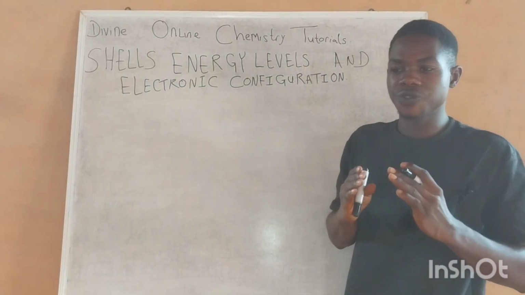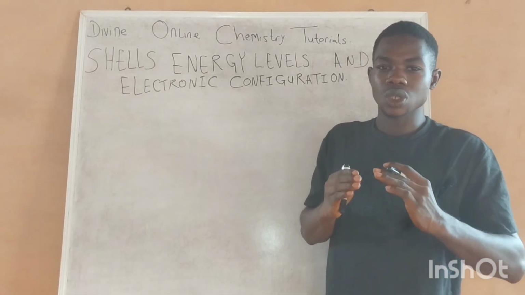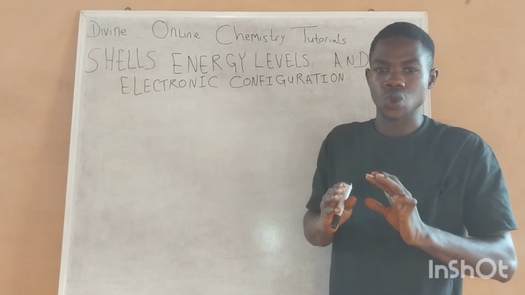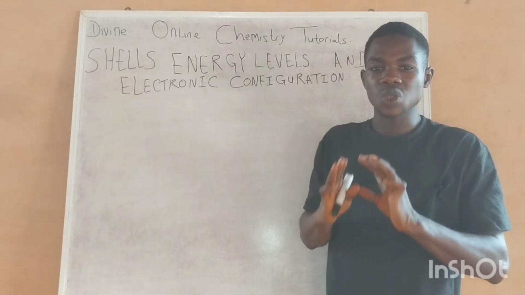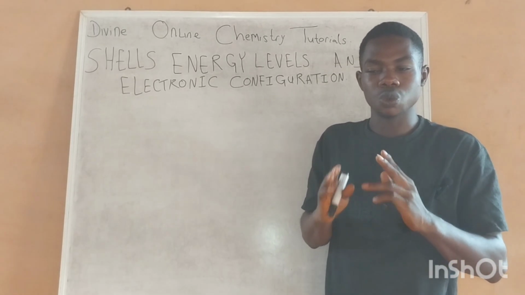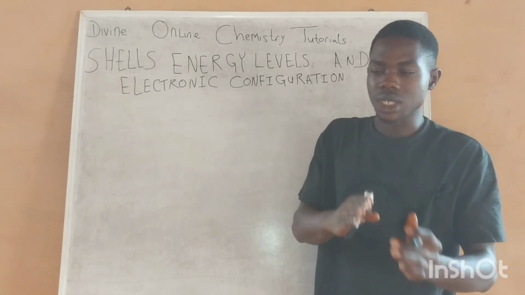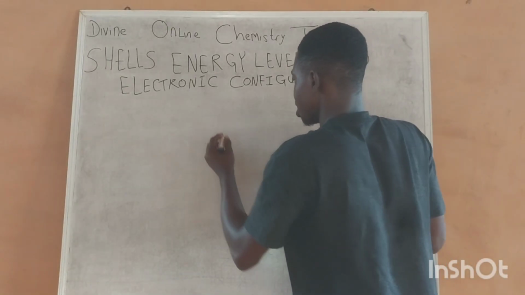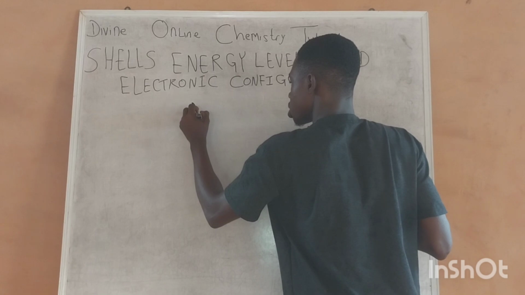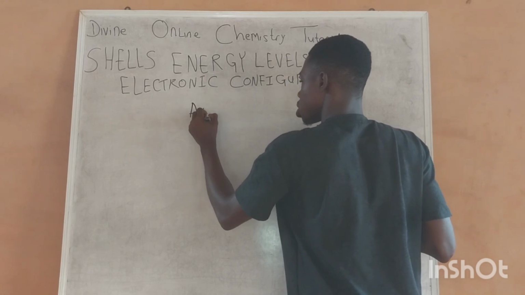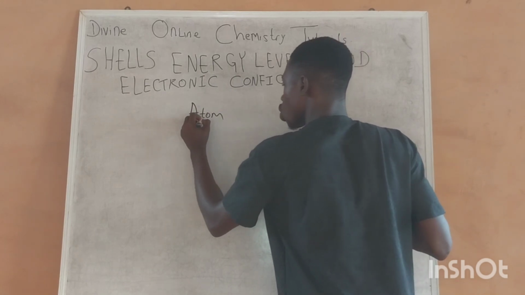But in my previous video on atomic structure, I talked about the structure of an atom, and I said that an atom is made up of two major parts, the nucleus and the shell.